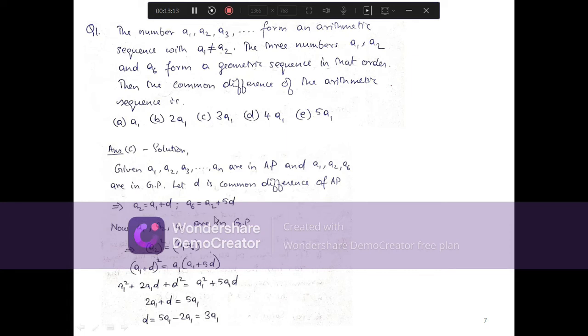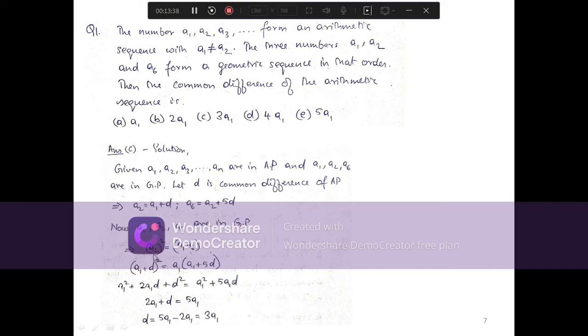So why are we representing it like this? We know that a1, a2, a6 are in geometric progression. So a1, a2, a6 form the geometric sequence, and what you have is a2 square equal to a1 into a6.